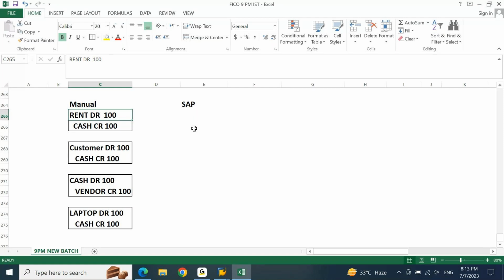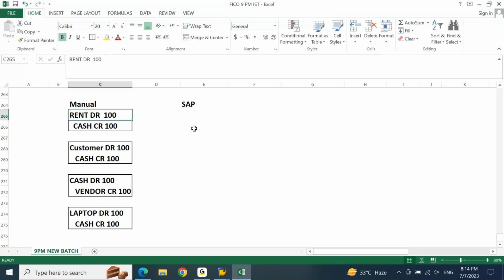Before I identify whether it is a GL, first I am going to put a logic called elimination. I am going to eliminate if it is customer, vendor, fixed asset. If it is customer or vendor, I am sticking to customer or vendor. If it is not related to customer, vendor or fixed asset, I will blindly put this as GL account.